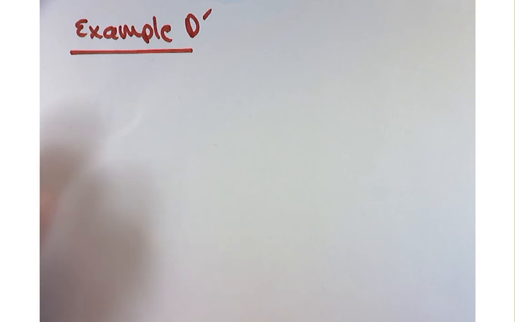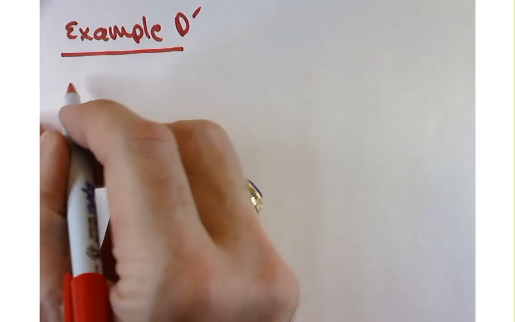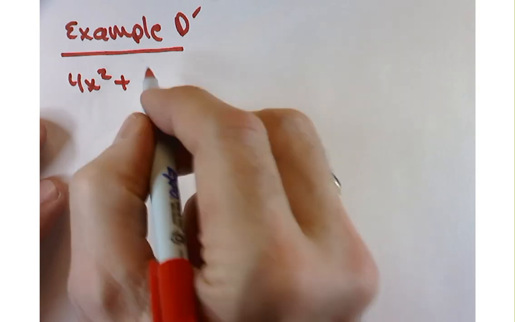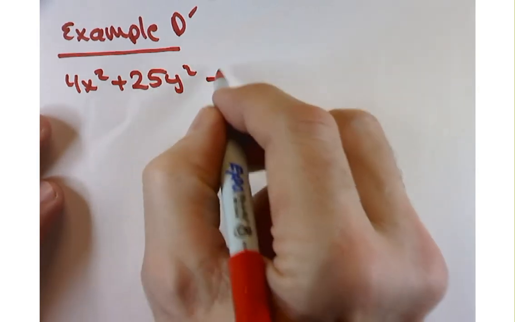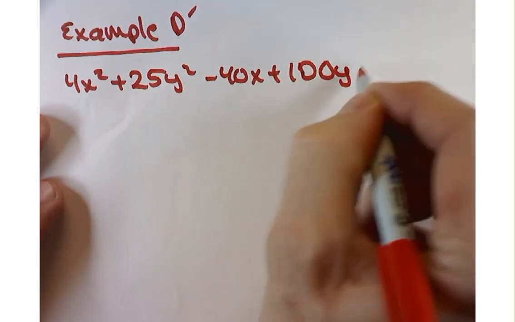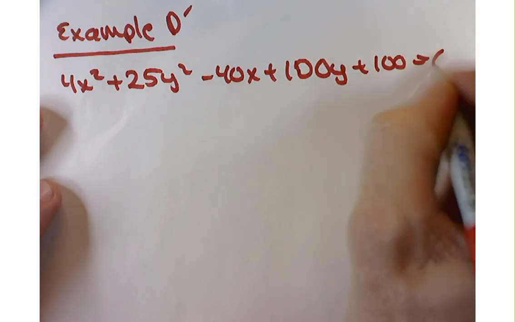But let's take a look at this equation. 4x squared plus 25y squared minus 40x plus 100y plus 100 equals 0.